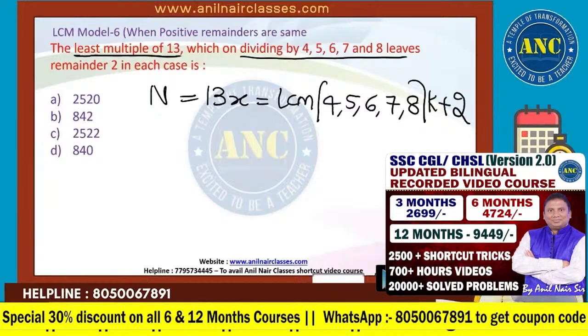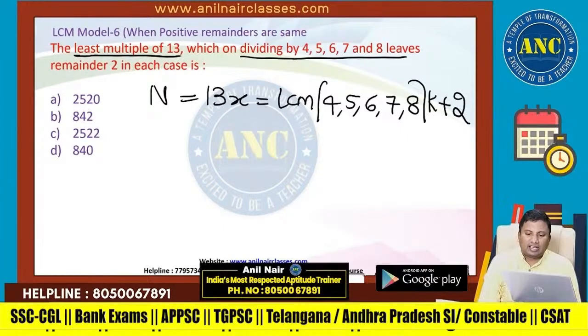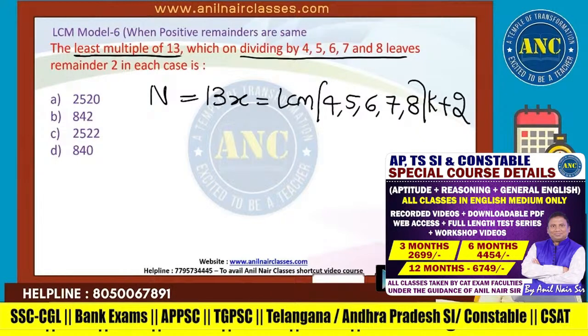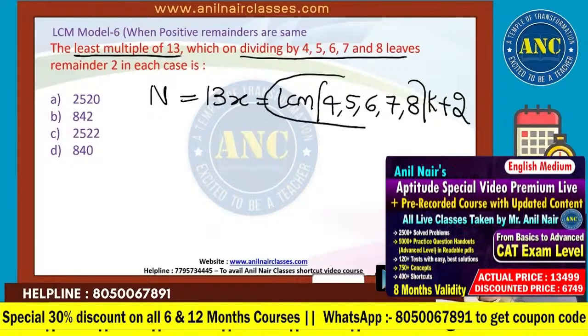N is 13x. When it is divided by 4, 5, 6, 7 or 8, it gives a remainder 2. Now see here, this entire number is divisible by 5.